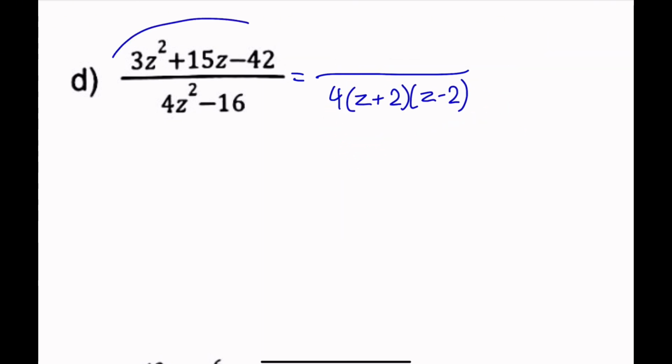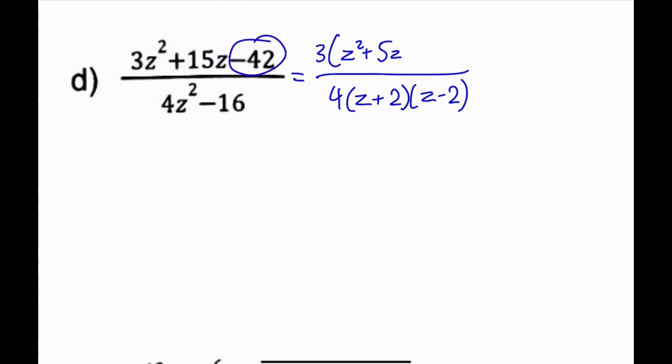And now we can get to this side. We notice that 3, 15, and 42 are all multiples of 3, right? So if we take the 3 out, it's going to be 3 times z squared. That's obvious. And then plus 15 is 3 times 5, that's why it becomes 5z.